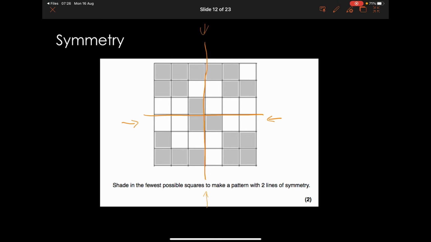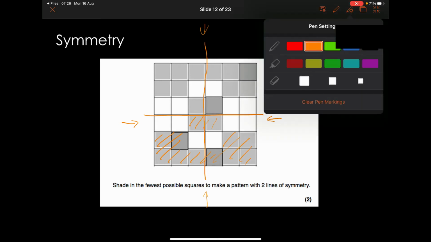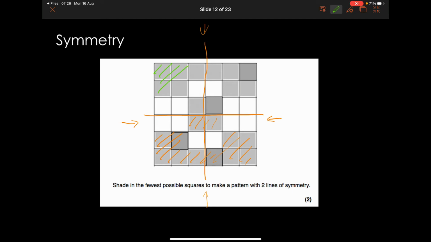So what I've done, I've added a square in the corner, I've then added a square to the centre, and then I've added a square there, not very well, sorry, and another one there. Can you see this? And this is the same as this and this. And the same on the other side as well.